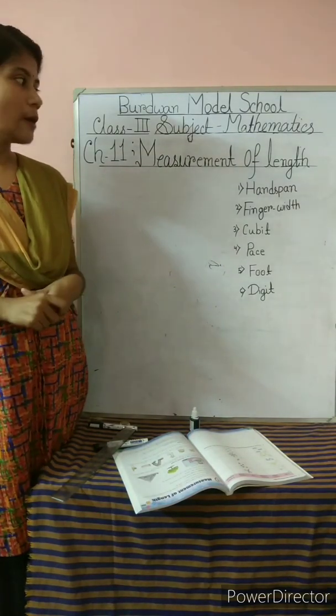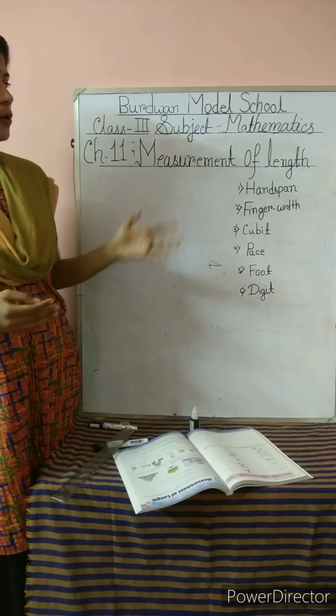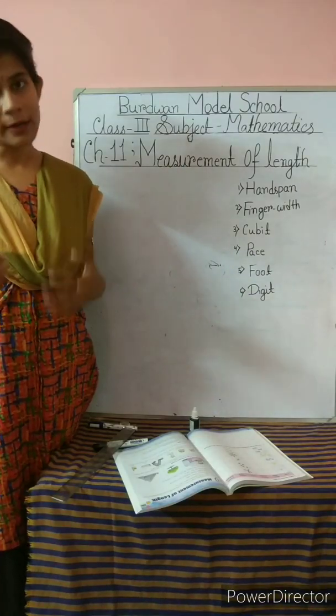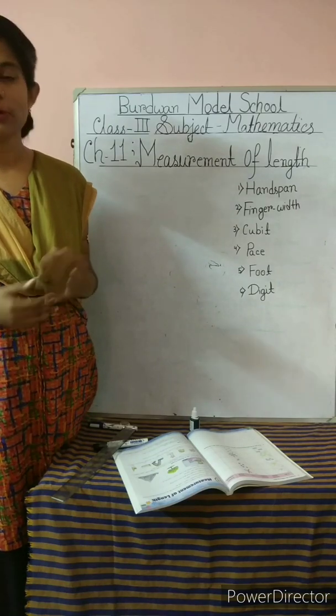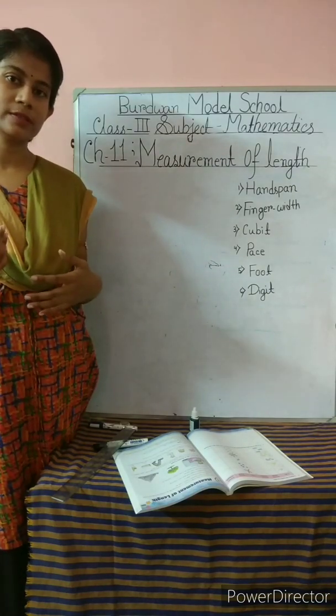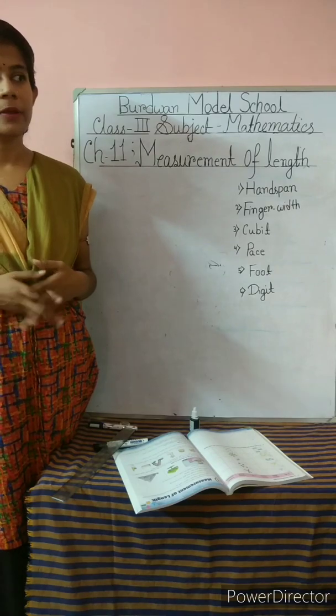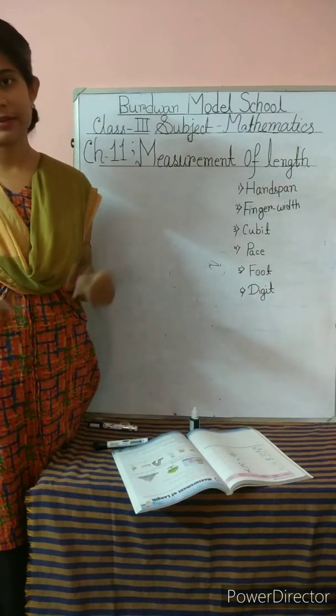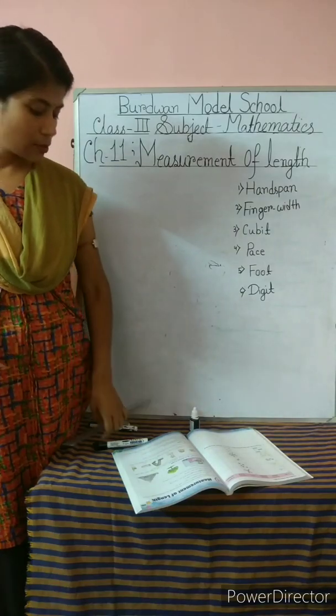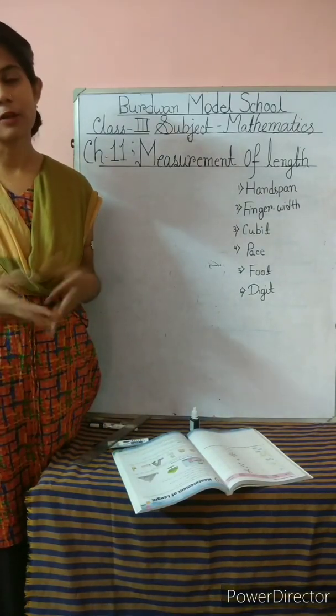All those things are the modern technique of measuring length of anything. But what about previous time? The ruler and measuring tape did not exist at that time.